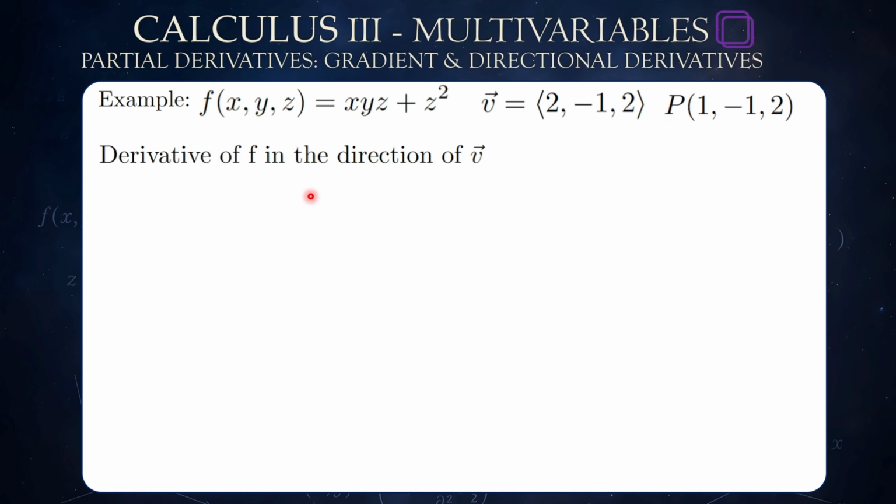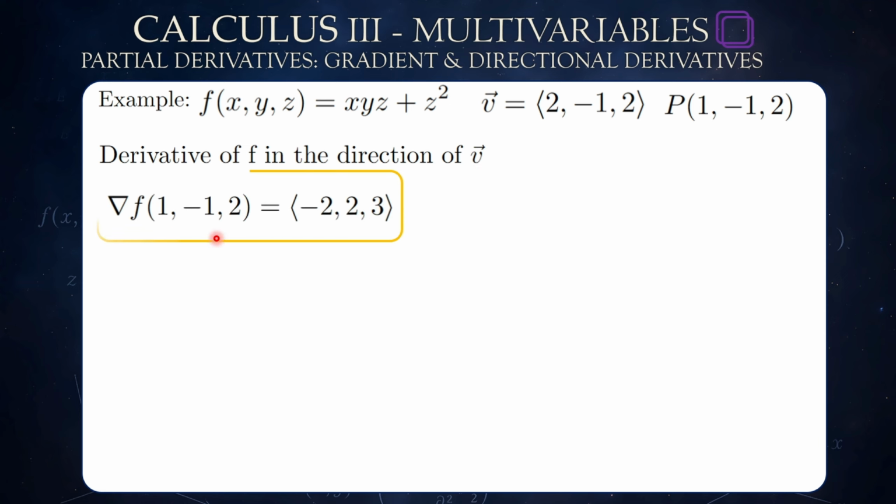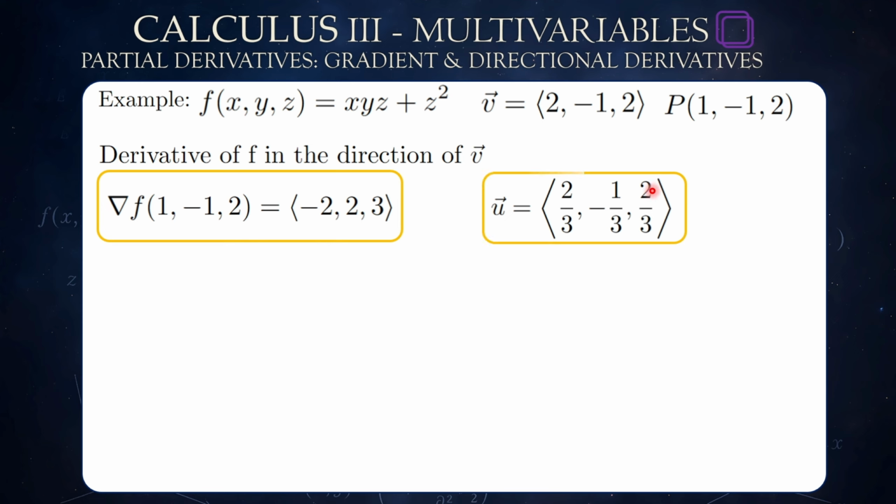Okay, the derivative of f in the direction of v, or u rather, the unit vector of v, is given by nabla f at (1, -1, 2), which is equal to (-2, 2, 3) on one hand at this specific point, and the unit vector is 2/3, minus 1/3, and 2/3.